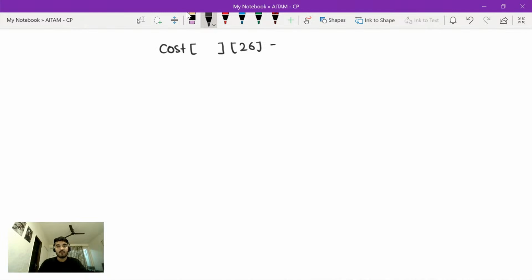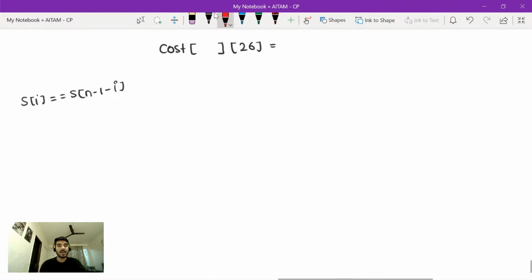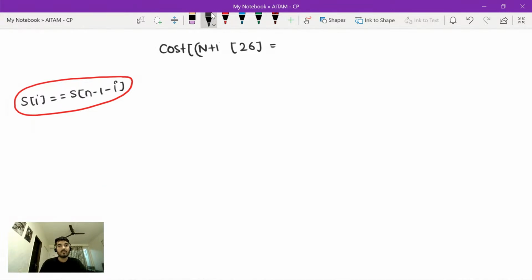And then we all know the character at index I must be equal to the character at index n minus 1 minus I. So I can map every character I to the other character n minus 1 minus I. So I only need an array of size n plus 1, because there might be the case when the value of n is odd.